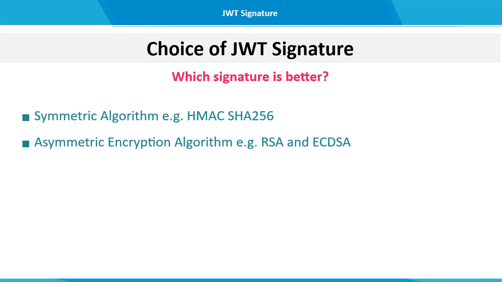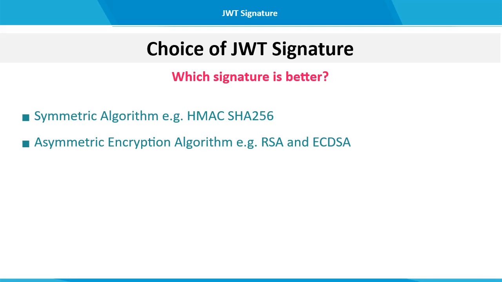There are two types of algorithms used to sign a JWT. First is symmetric and the other is asymmetric algorithm. For symmetric, we use HMAC SHA-256, and for asymmetric, we use RSA and ECDSA.